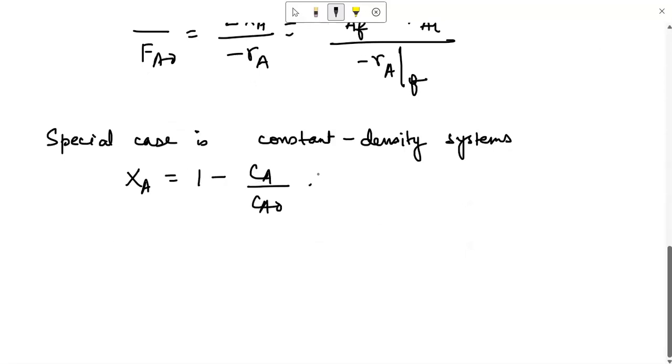This is already known to us. So you can directly write the performance equation in terms of concentration. This you can do only if you have a constant density system. But if you do not have a constant density system, then you must refer to the general equations written in terms of the molar feed rate. By constant density system, I mean epsilon A equals 0. Okay.